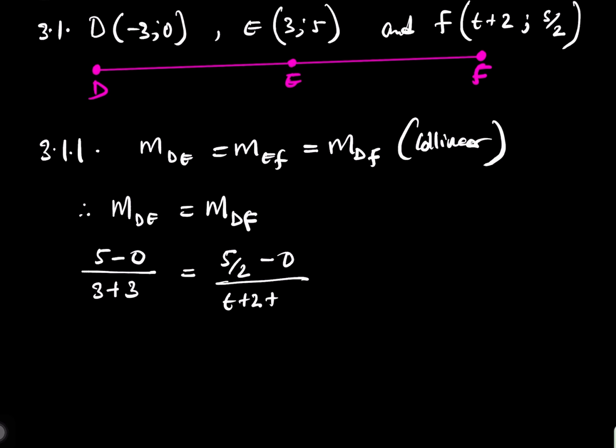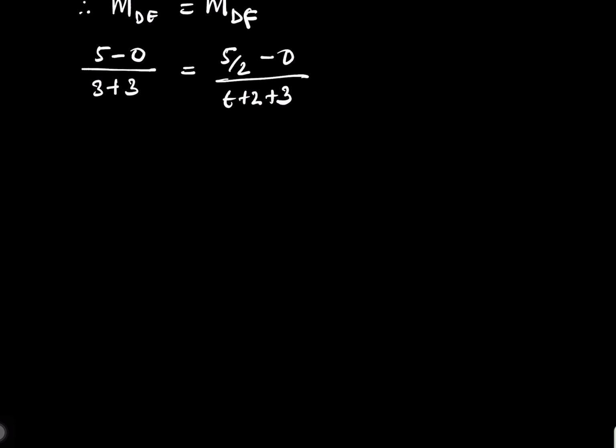So it's minus -3, which is positive 3, just right there. So we are going to say, therefore, this is 5 over 6. That is going to be equal to 5/2, or you can say it's 2.5, it's the same thing, over t plus 2 plus 3, it's more like 5, so you write t plus 5 there.